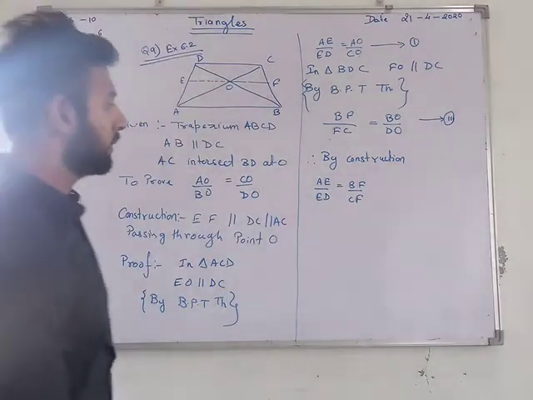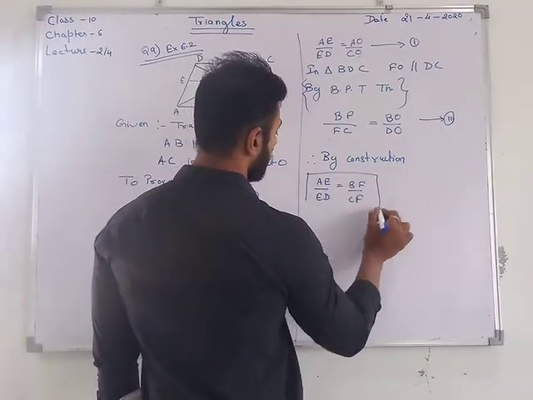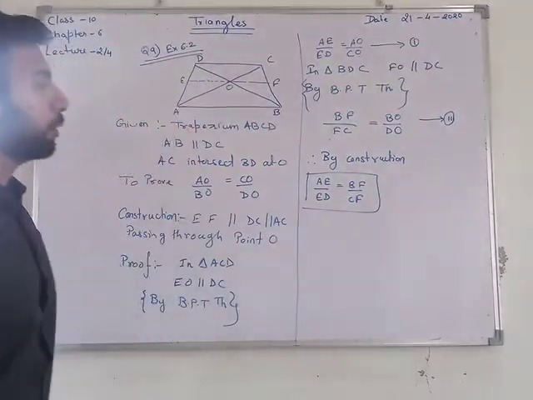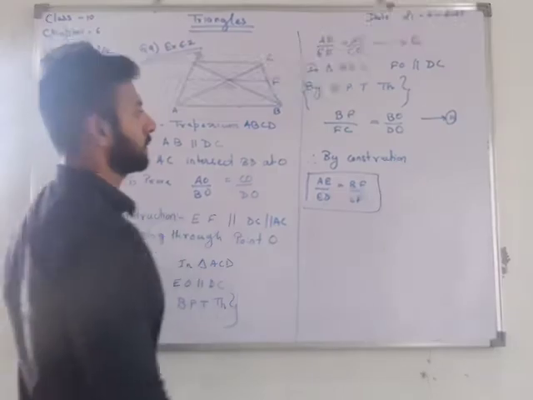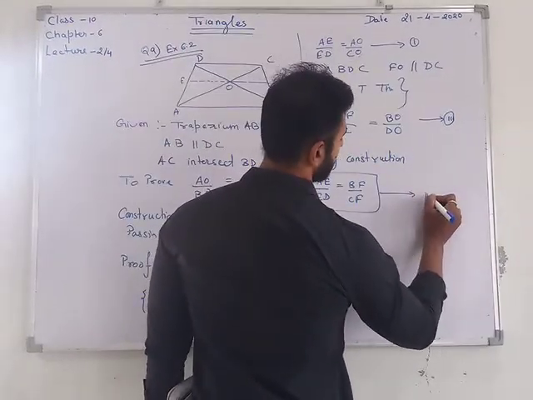By construction, we can say that AE upon ED is equal to BF upon CF. This is third.